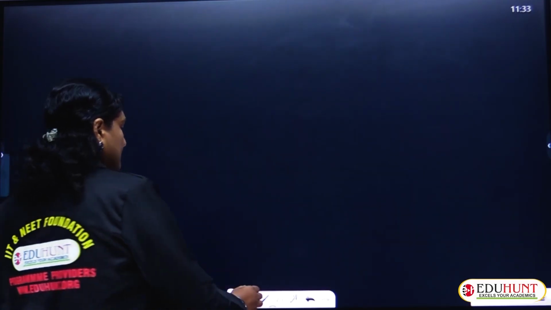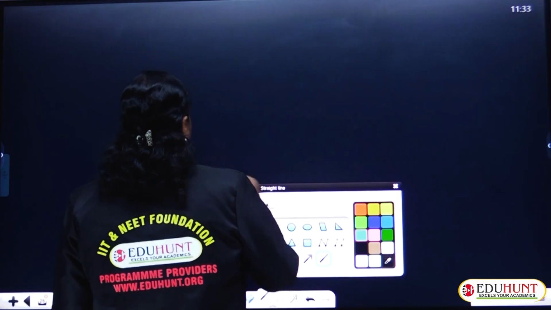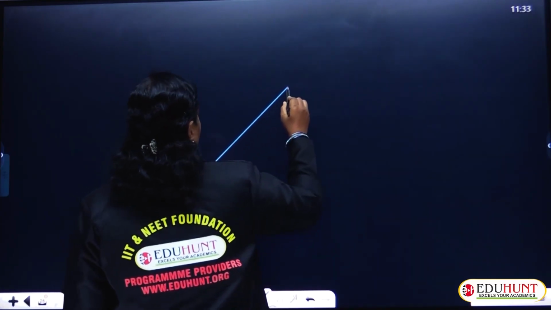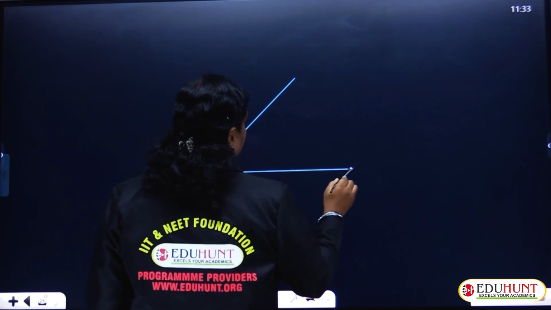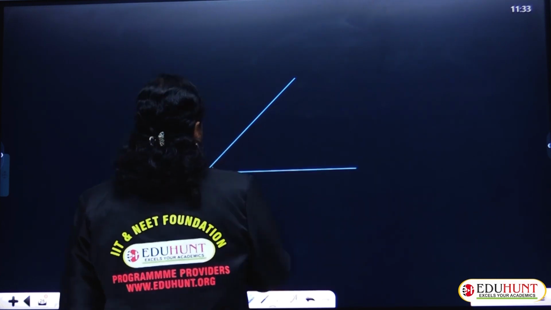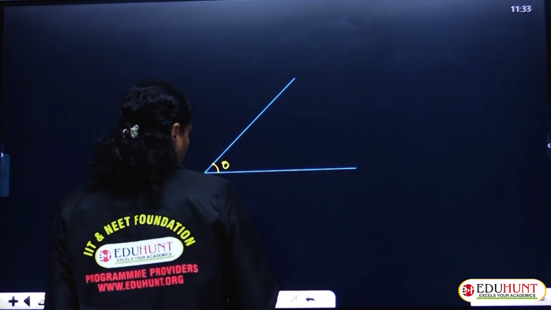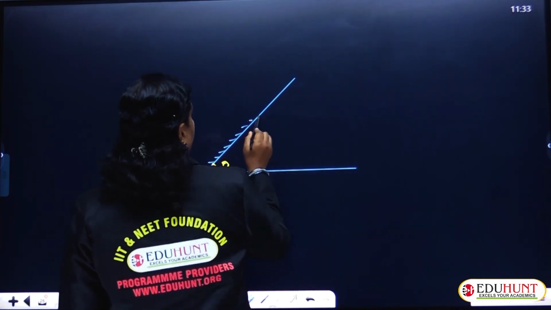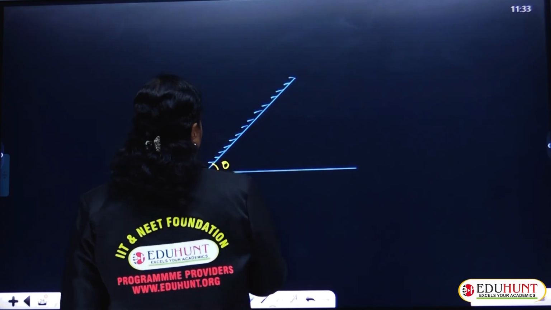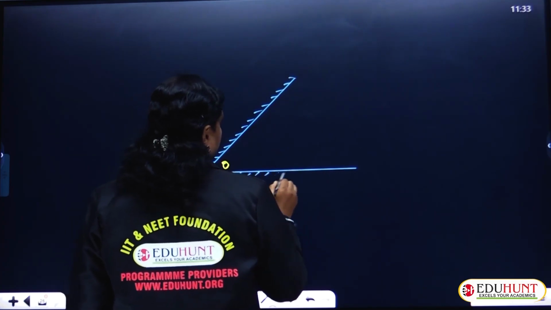So, for this, let us consider the same, children. Let us consider two plane mirrors inclined at an angle theta as shown in the figure. Let this be two plane mirrors inclined at an angle theta.